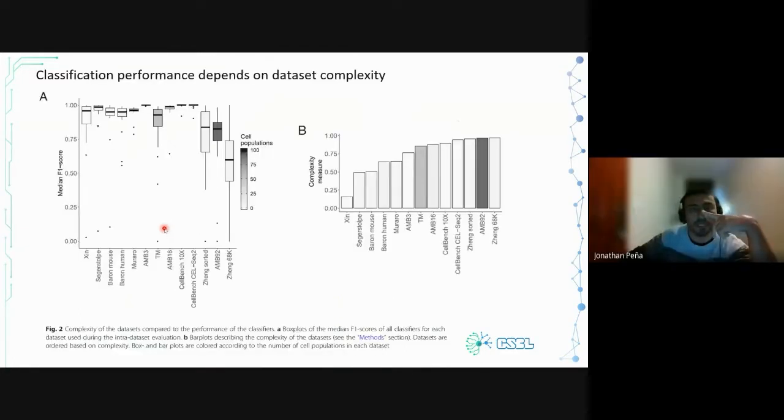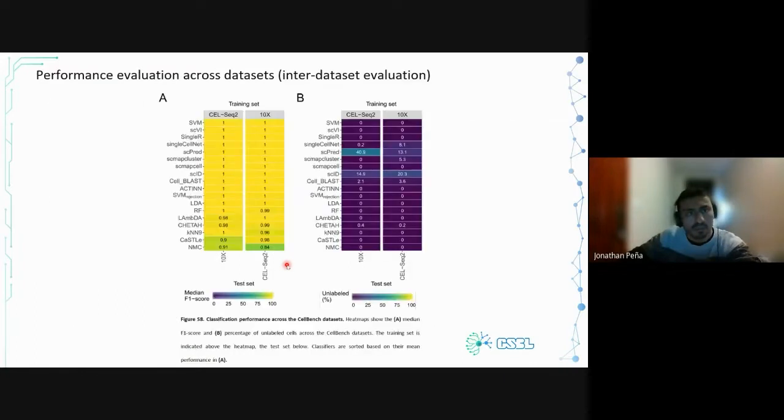Thanks. They also evaluate the complexity and the performance, and they observe that the more complex data sets have lower F1 scores. They want to know if the performance is affected by the protocols, because in this analysis they use the same sample that was processed in the same lab, but they change the protocol used to analyze the samples.